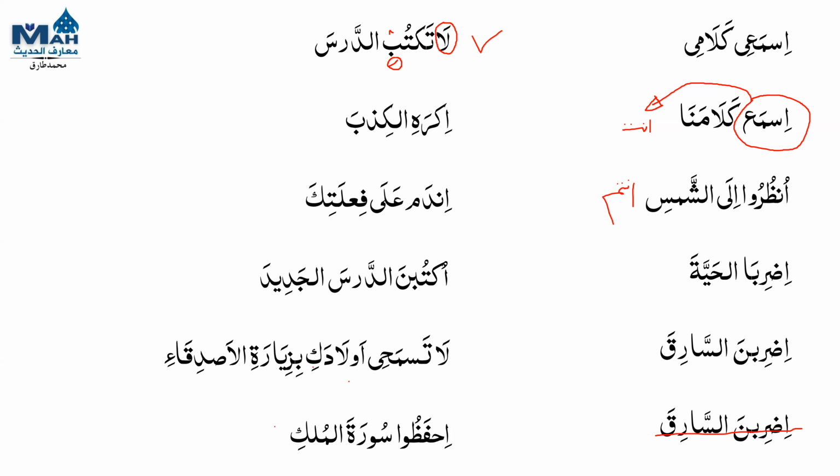And we all know that no verb will be in the genitive case. No verb, I repeat, no verb will be in the genitive case. You will not see any verb having the lam kalma kasra on it. And no ism or noun will be in the jasif form having the sukoon on its lam kalma. Make it a point.